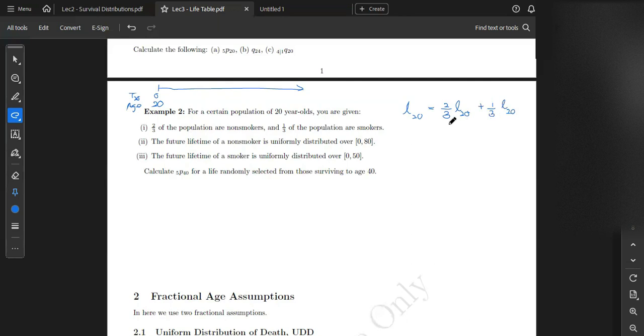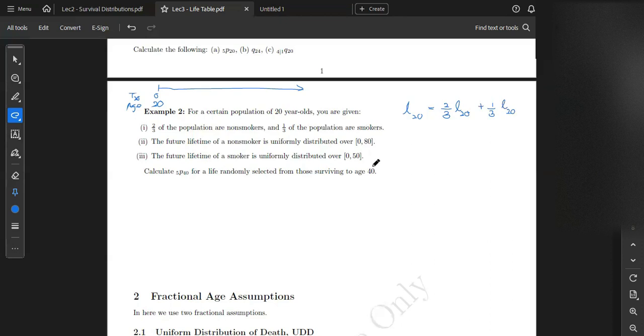So if you sum up this, you get L20. So that is mathematically correct. And then we can think about these two subpopulations separately because we have two different future lifetime random variables, so distributions for the future lifetime random variables.